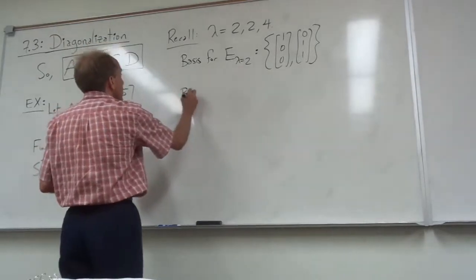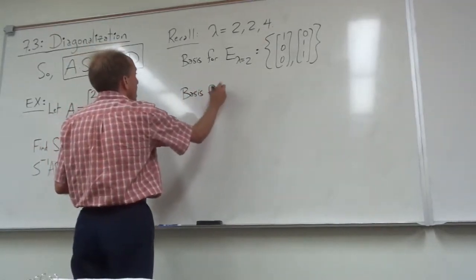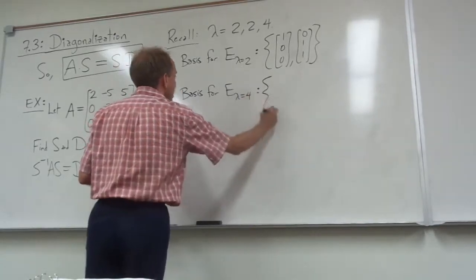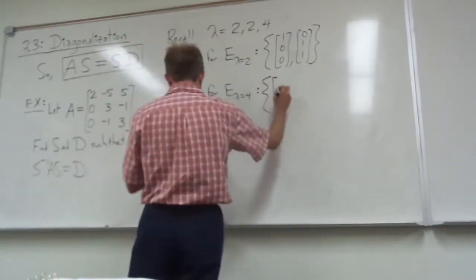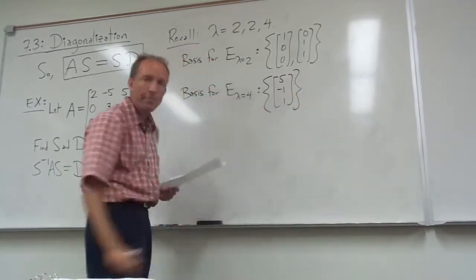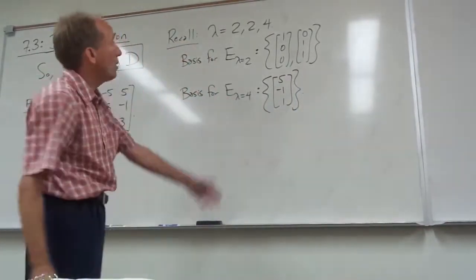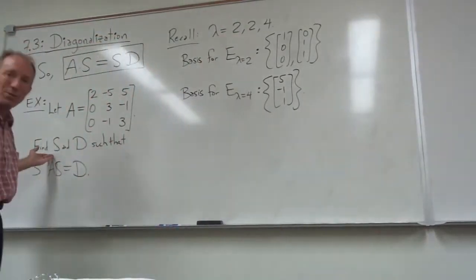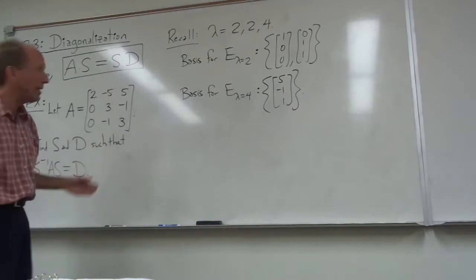And then there was also a basis for the eigenspace of lambda equals 4, which was 5, negative 1, and 1. Okay? So once you have this information, it's very easy to do this problem and to find S and D.